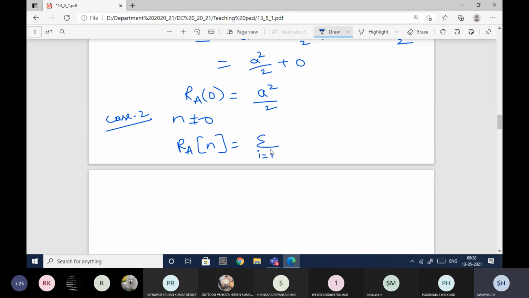This equation will remain same, but I need to find out how many products I'm going to get here. AK of AK minus n, Pi. So I need to find out how many products I may get. AK and AK minus n, these two are shifted versions, right?